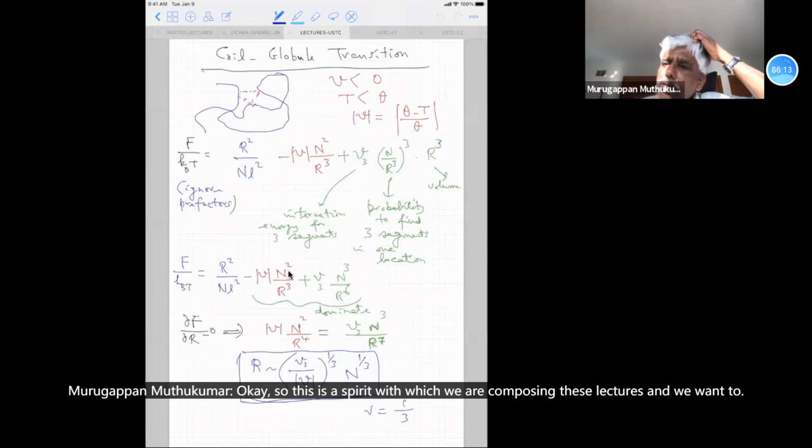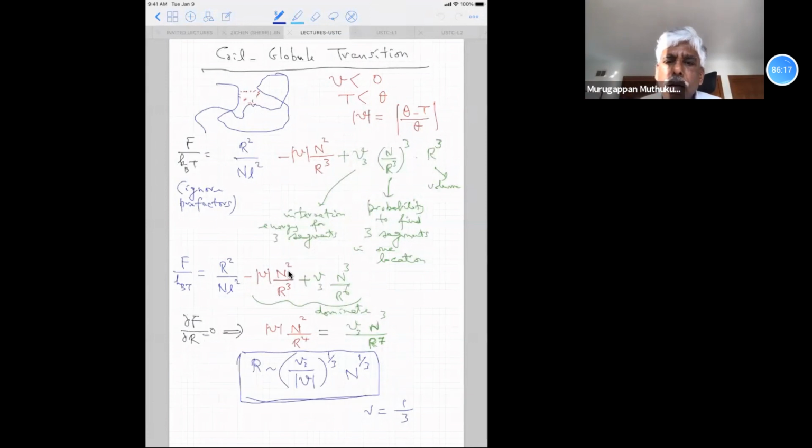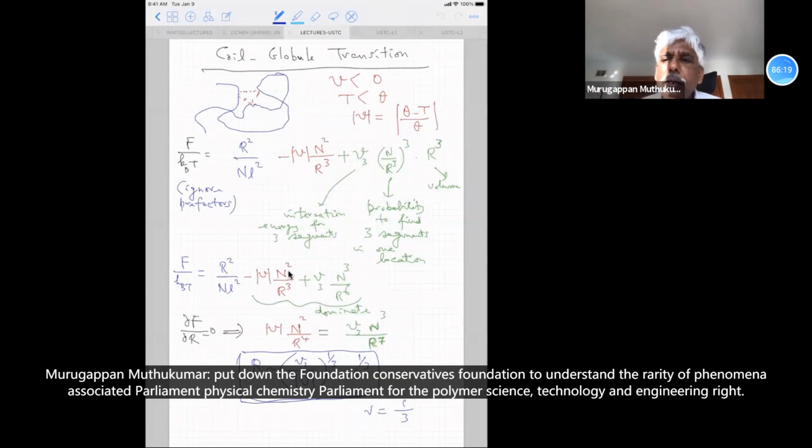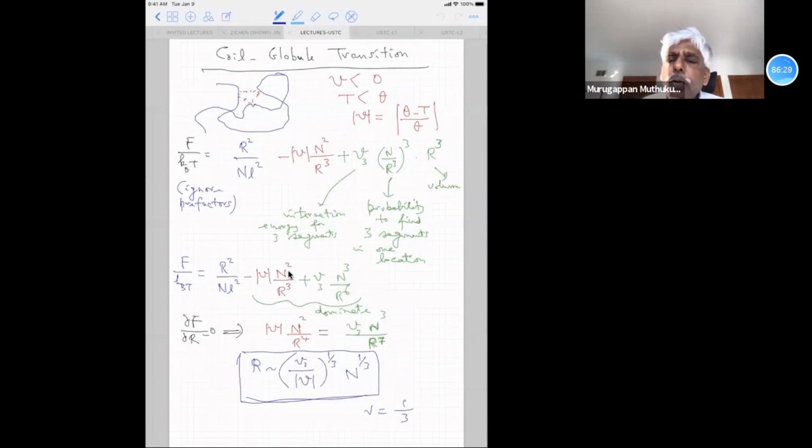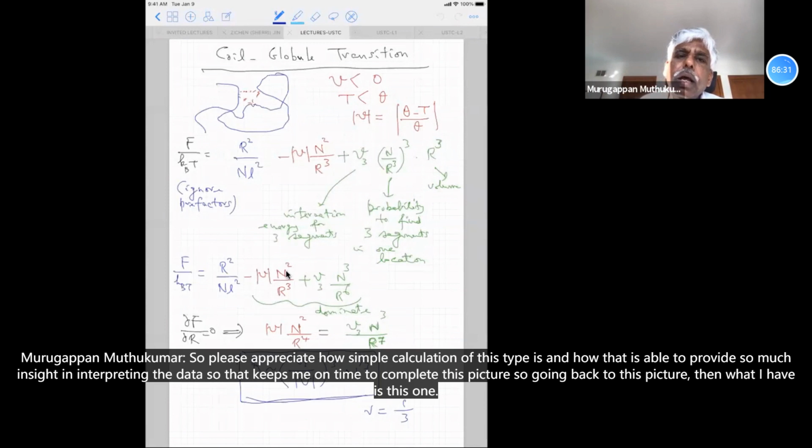Okay, so this is the spirit with which we are composing these lectures. We want to put down the conceptual foundation to understand the variety of phenomena associated with polymer physical chemistry, polymer physics, polymer science, polymer technology, and polymer engineering. So please appreciate how simple a calculation of this type is and how it is able to provide so much insight in interpreting the data.